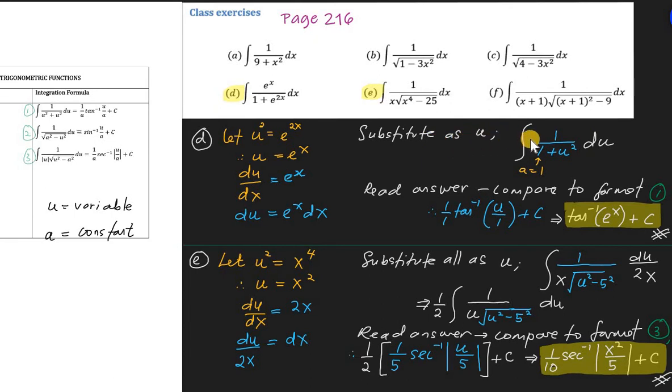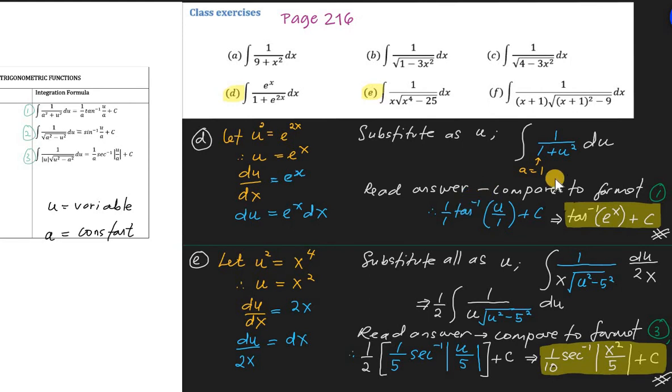Okay, as we substitute, du is e power x dx. So e power x dx is du, and we have 1 over 1 plus u squared, where the constant a is 1, and u squared is the e power 2x from just now. When you get this format, compare to the answer. This is the format of number 1.